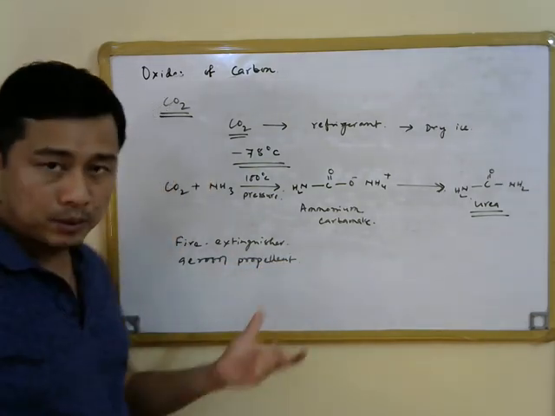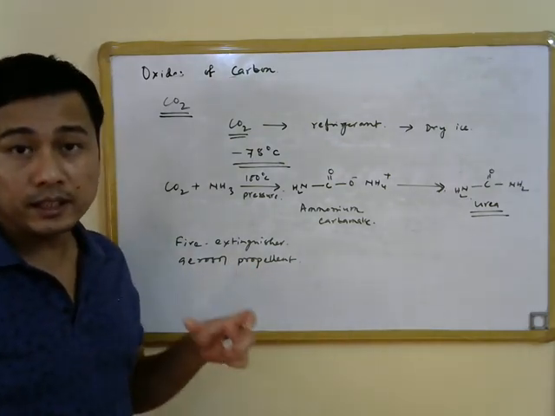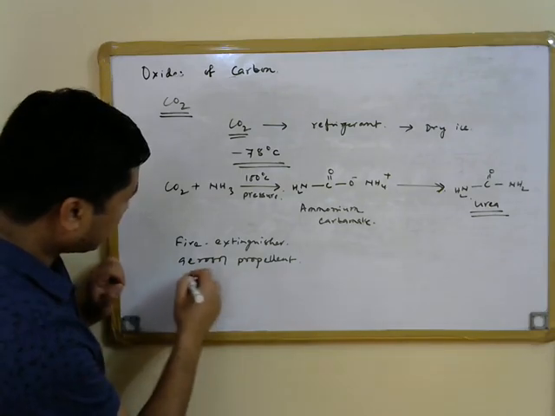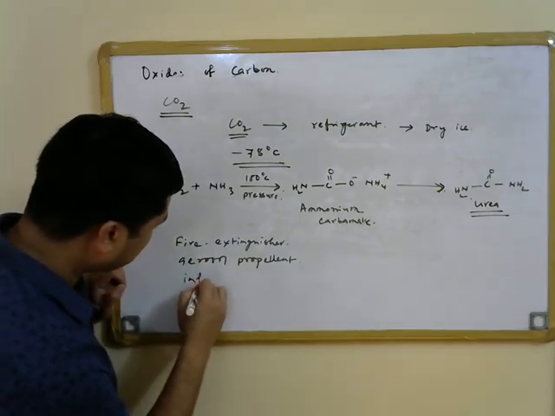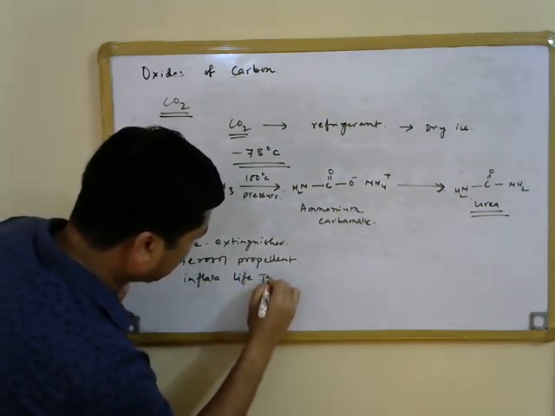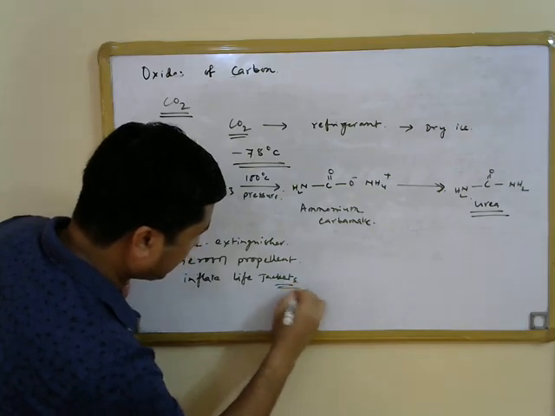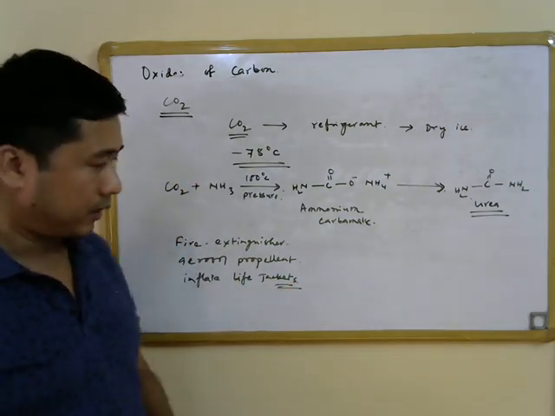So in case of perfumes, carbon dioxide is used as the propellant here. Then apart from that, it is also used to inflate, say, life jackets. So these are some of the other applications of carbon dioxide.